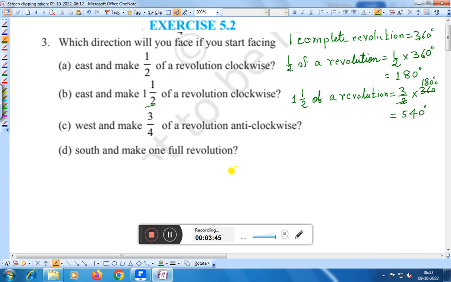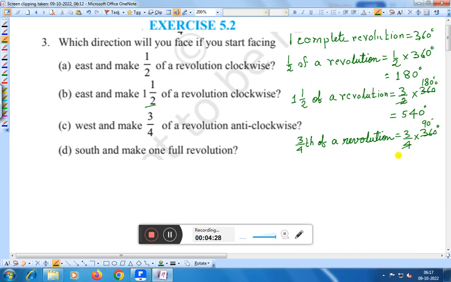Now next one is 3 by 4th of a revolution. If we find 3 by 4th of a revolution, then we are getting 3 by 4 into 360 degree, that is 4 9 is 36, 0, right?